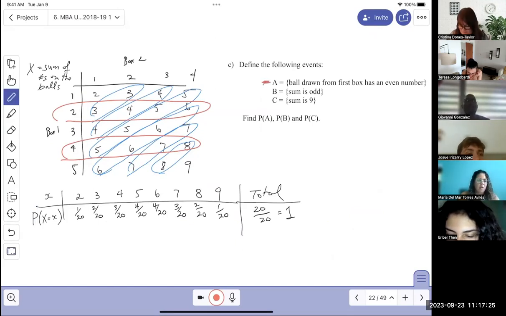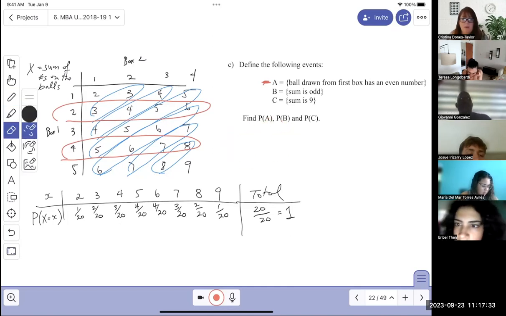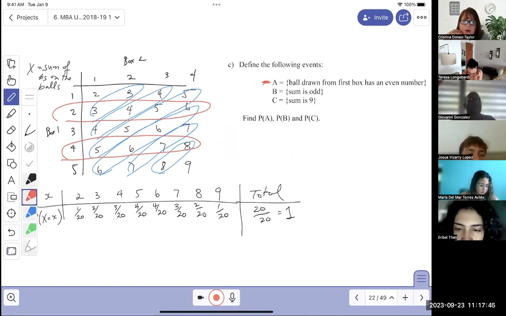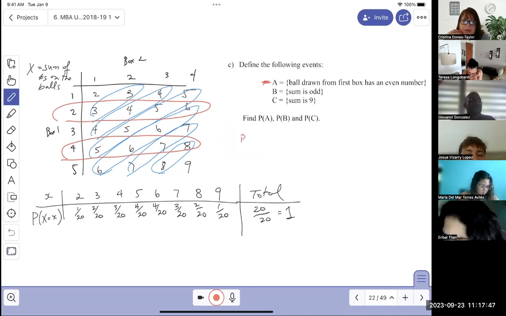What's the probability of A? 50%. 8 out of 20. Yes, not 50% exactly because it's not half of them. It's a fraction though. So the probability of A is 8 out of 20 possibilities.